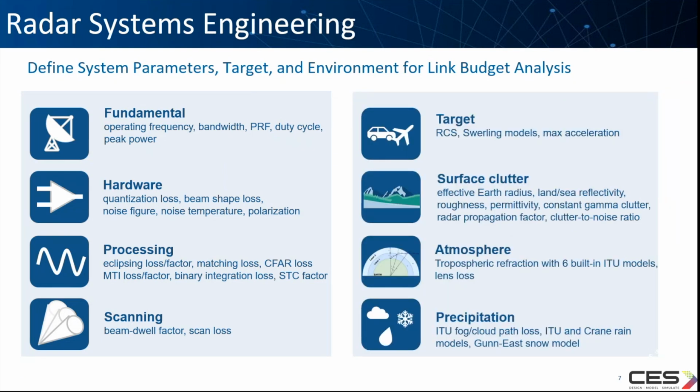And of course, you want to include the effects of targets and environments in your link budget analysis and system design, such as target radar cross-section and Swerling models, as well as the surface clutter and precipitation. So these are the different parameters that are involved in radar budget analysis or radar equation analysis. And it has always been challenging to do a quick analysis of this radar equation, as it depends on many parameters.